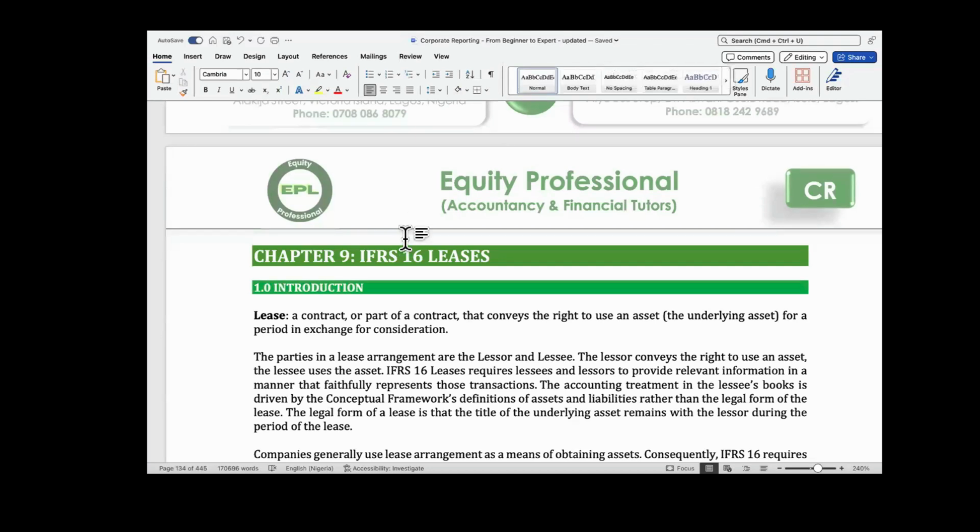Okay. Let's do what we have to do tonight, then we'll see what is left after tonight. So we started IFRS 16 last week, and you learned that IFRS 16 deals with leases, and in a lease contract, there are usually two parties, the lessor and the lessee.